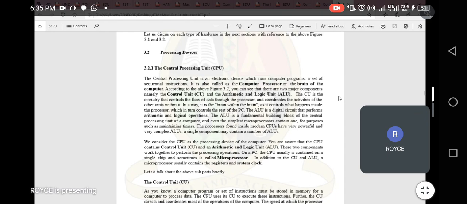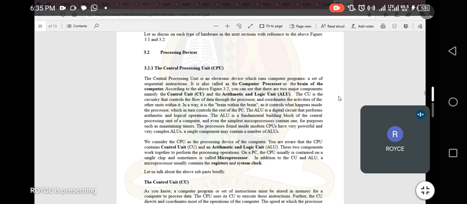The control unit basically controls the flow of data through the processor. It is the one that tells the arithmetic logic unit how a certain program is going to be handled, or what exactly is to be done to that program. That is the control unit.